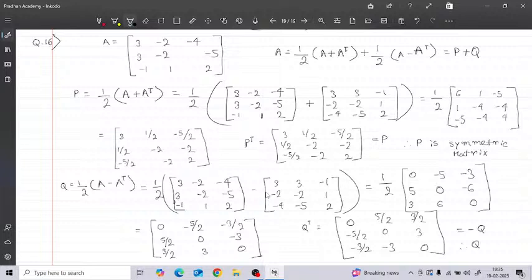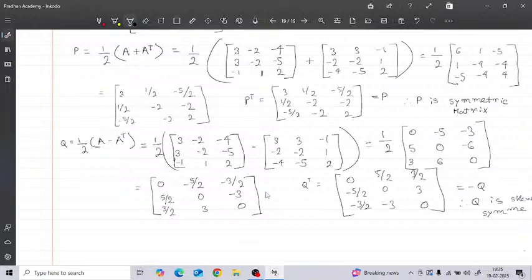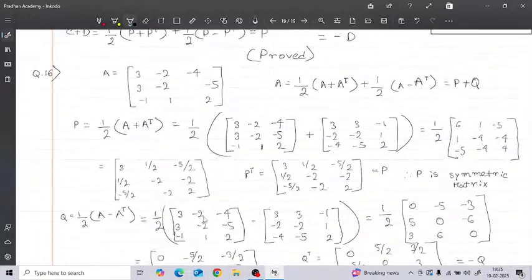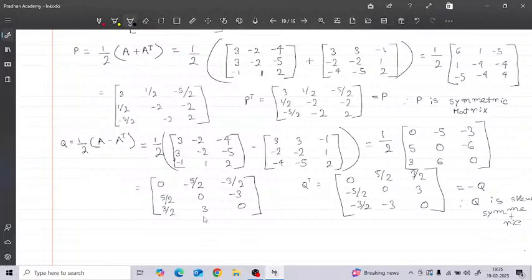We can conclude that Q is skew symmetric. Now, P is symmetric and Q is skew symmetric. We have to verify also.